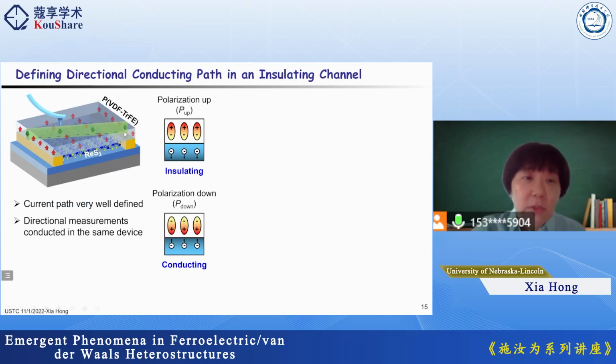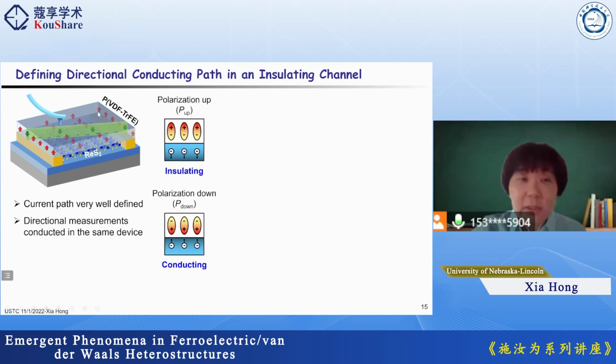So here what we want to do is start with a single channel and use the ferroelectric top layer to put the entire channel into the insulating state, right? A very narrow wire, so electrons only flow along this direction.